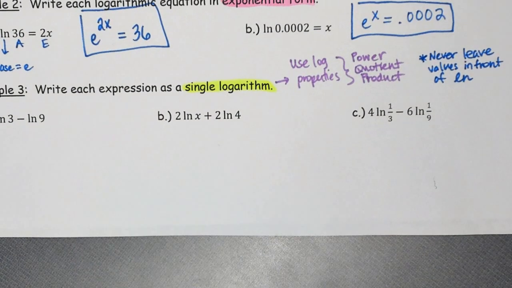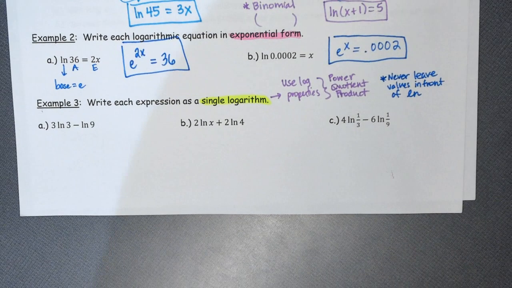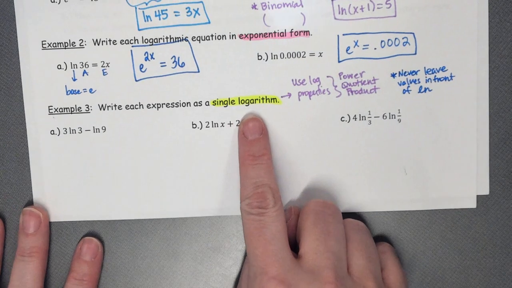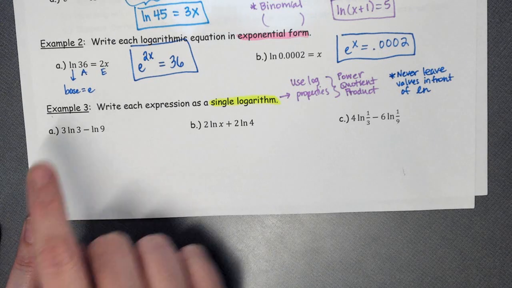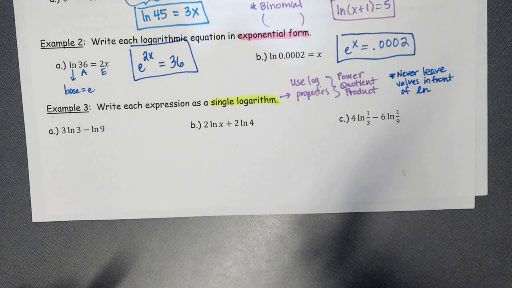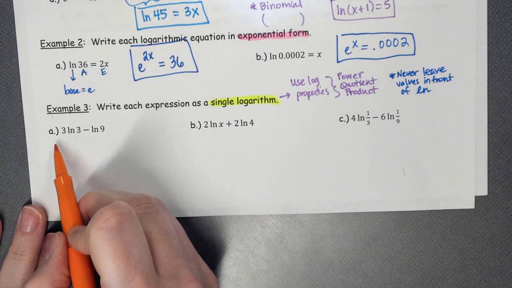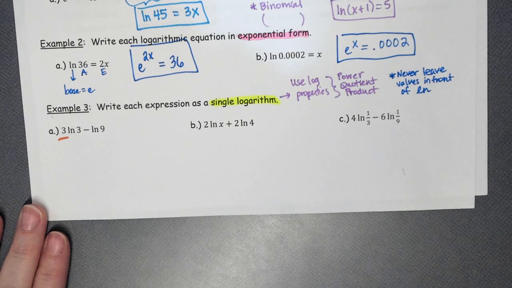Okay, so never leave values in front of ln. When you're writing each expression as a single logarithm, the first thing you're going to look for are these numbers in front. We are going to be using the power rule, but in reverse from what we're used to doing.